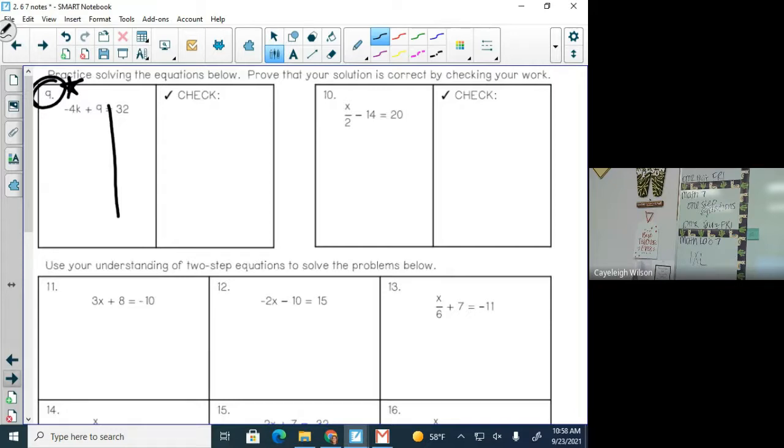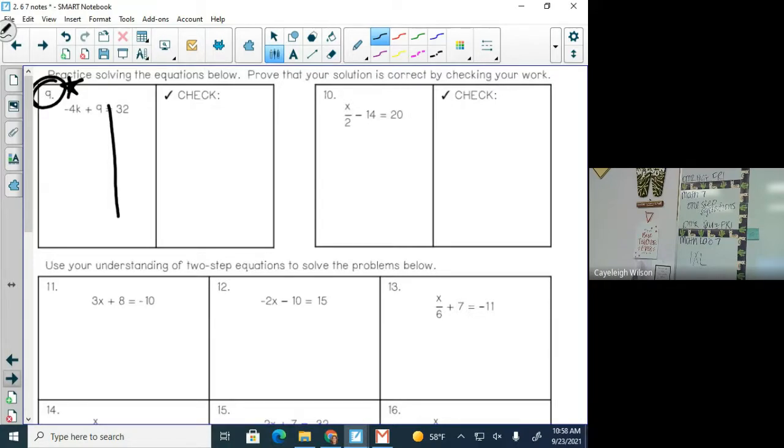So think about what you're doing first. Step 1, you're supposed to undo the addition or the subtraction first. So look at the addition or subtraction in a problem and undo that first. I want to see you all try.